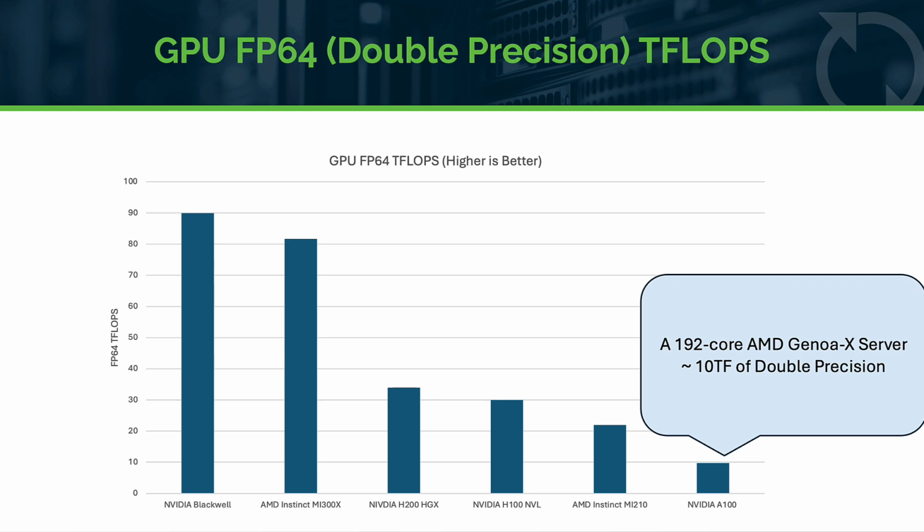And you can see as time goes on from right to left, the NVIDIA H100, H200, the latest AMD Instinct, and then Blackwell that just came out, up to 100 teraflops. In just a short period of time, we've already gone 10 times more double precision teraflops than we had a little while ago.